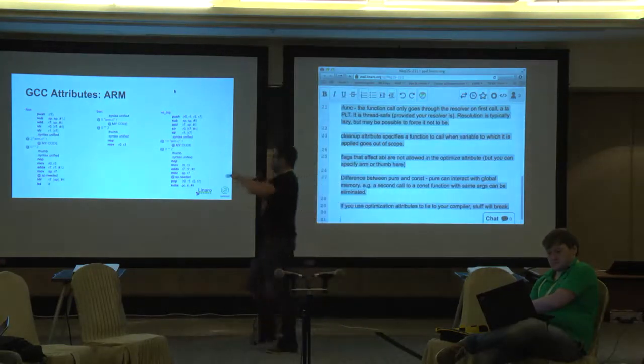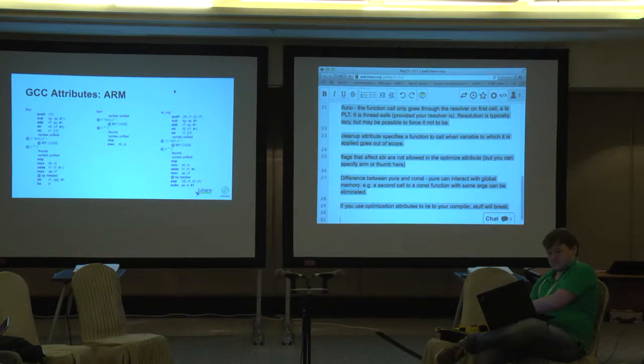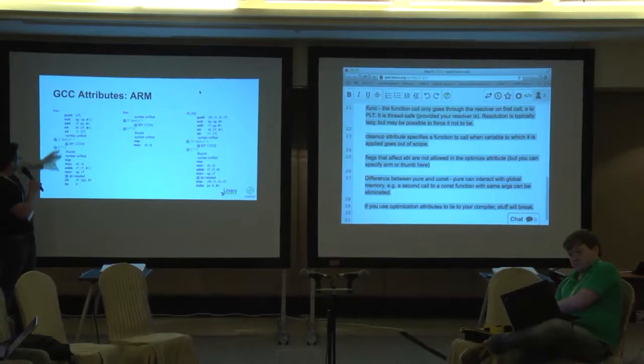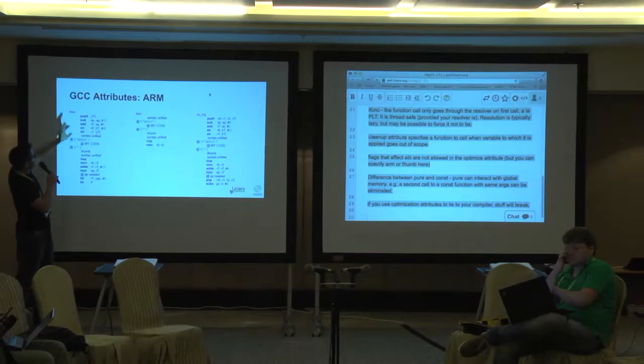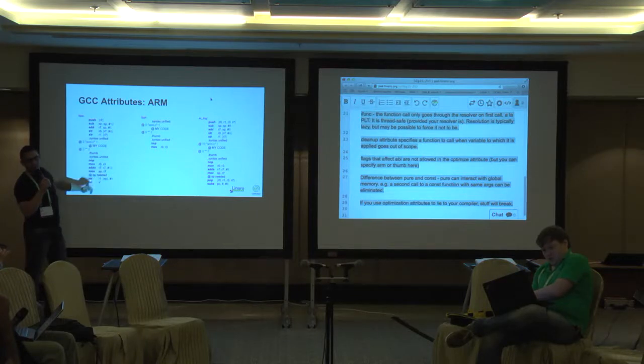This is O0, so it is pure dumb assembly code. But the first one, without any attributes, you will have the prologue that will look at the parameters, etc., and the epilogue that will restore the stuff. So this is the normal prologue and epilogue code generation.